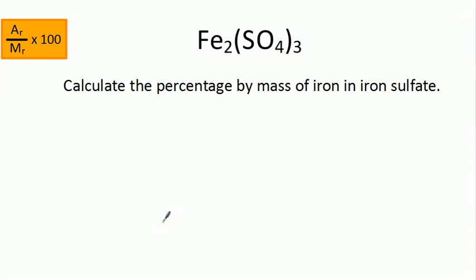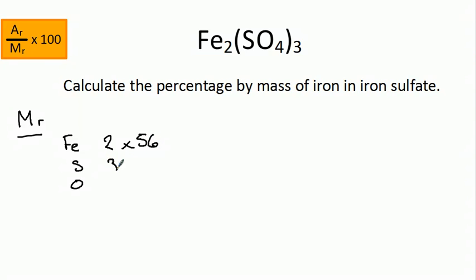Another example, and again we've got our AR divided by MR times 100 in the top left hand side. Here the question is calculate the percentage by mass of iron in iron sulfate. Again we work out our MR. We have iron, sulfur and oxygen. We have 2 irons with an atomic mass of 56.